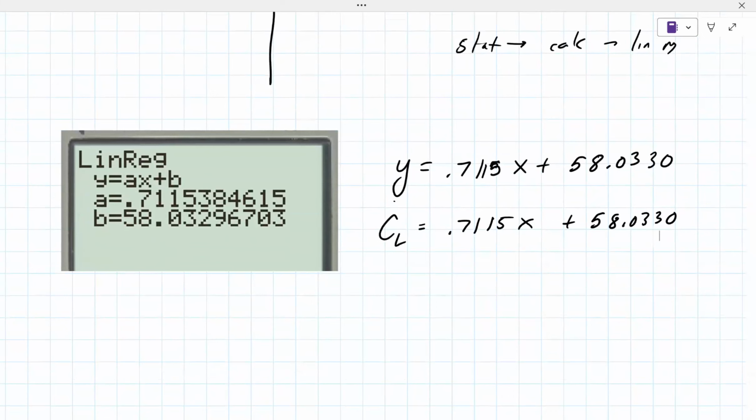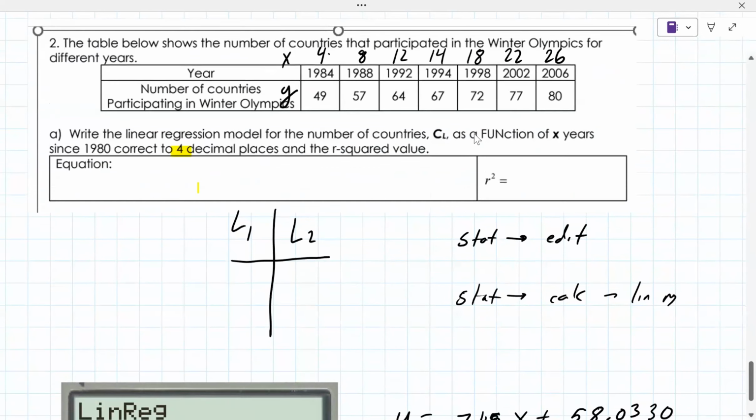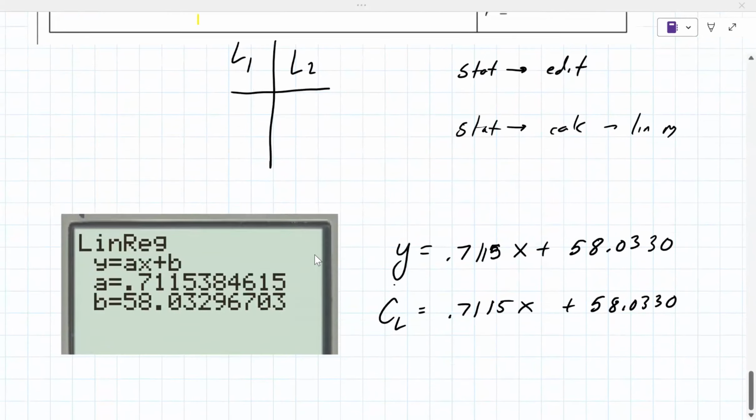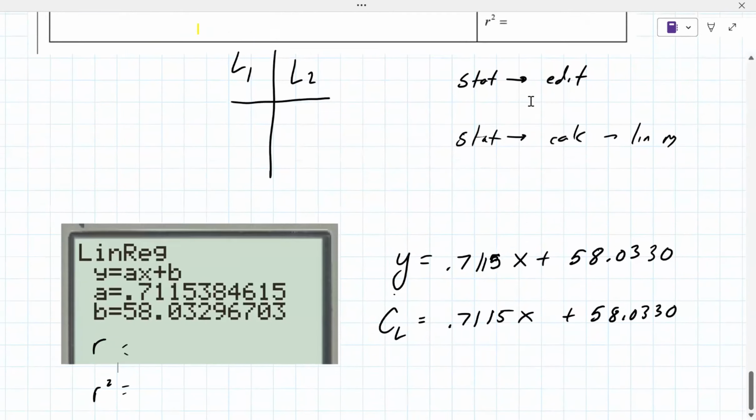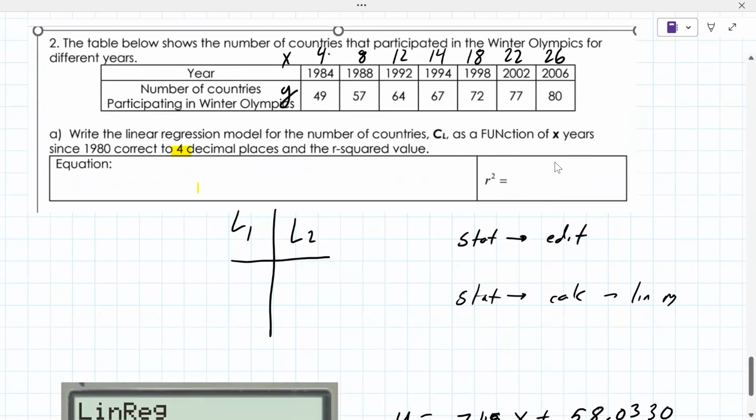The way they're writing this is weird notation, subscript notation. I think she just wanted us to know how to properly name it. Now you'll notice on yours it probably has an R and an R squared value. Mine doesn't because I didn't set the diagnostic on, which I can if we really need to, but you'll want to fill that in there.